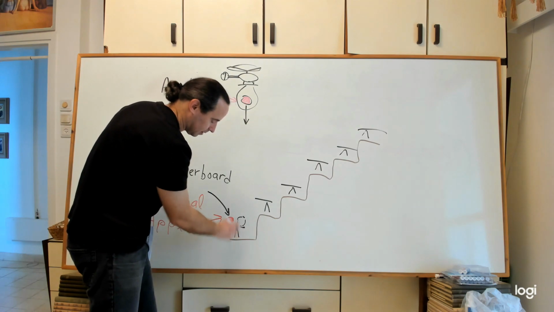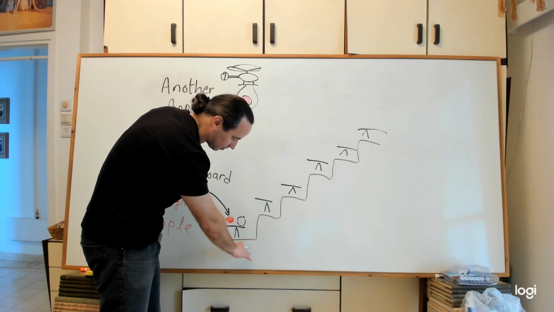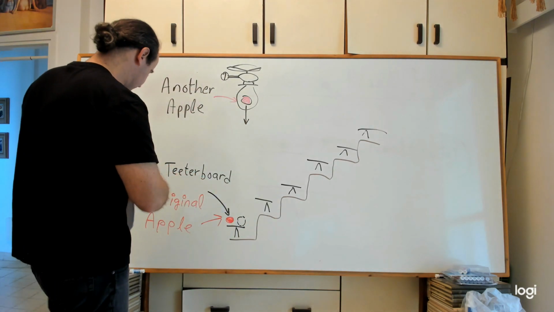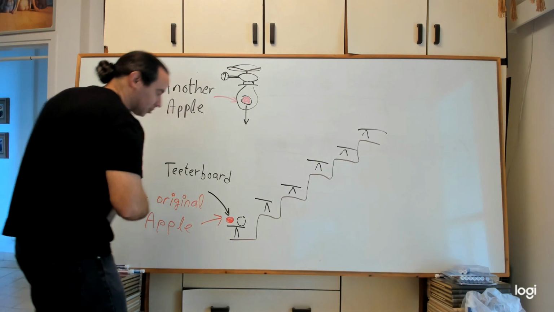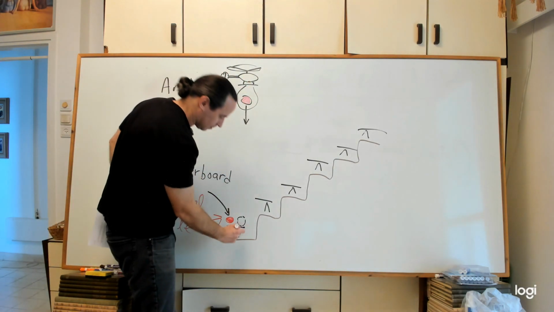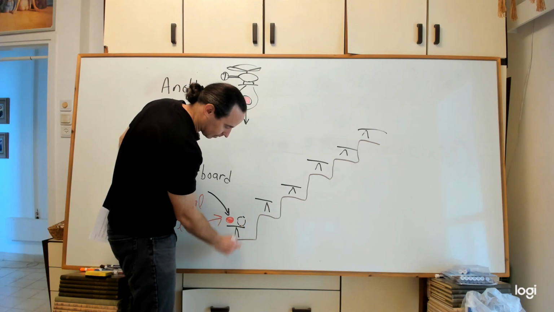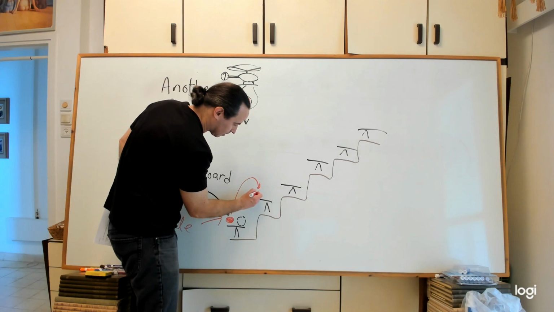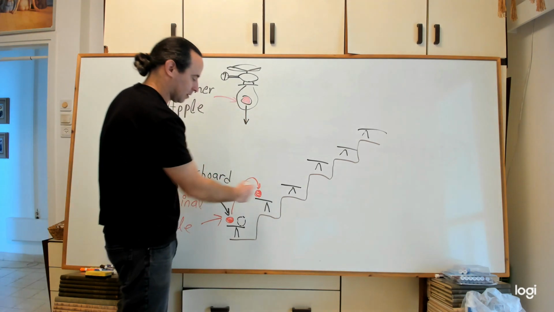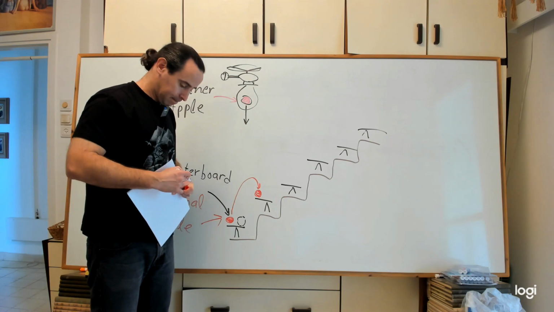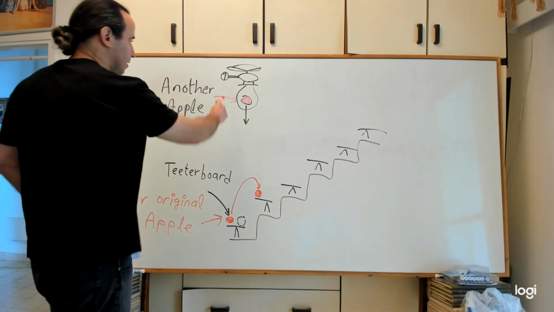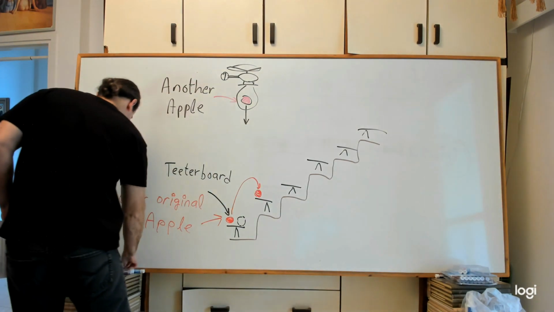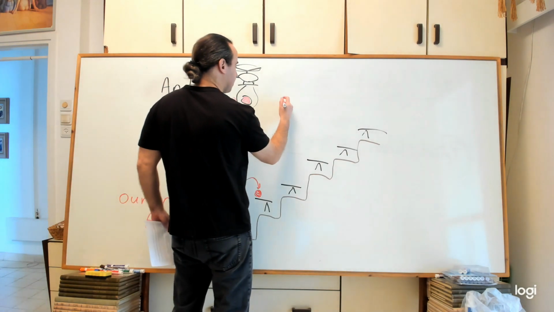This goes up. Sorry, this goes down. This side goes down. This side goes up. And this apple, the original apple, is jumping. Okay, after this drops and hits, this side goes down. The other side goes up, and our apple is jumping to the next teeterboard. Okay, and after this the helicopter is moving to here and drops another apple.